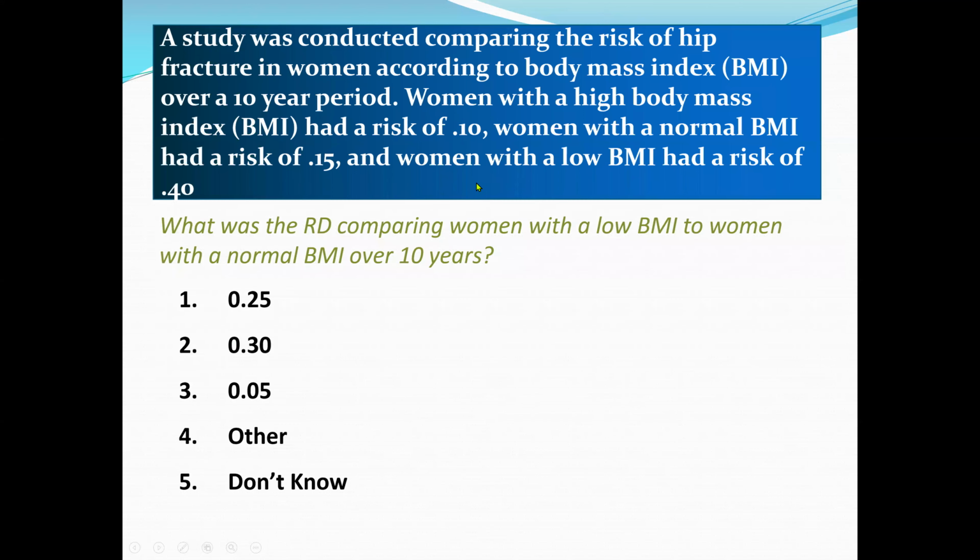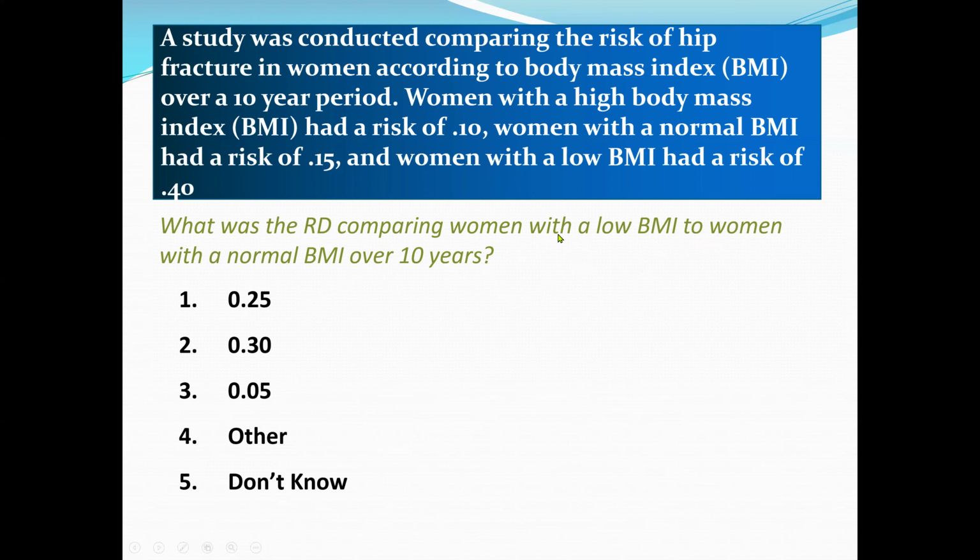And women with a low BMI had a risk of 0.40. The question says, what was the RD comparing women with low BMI to women with normal BMI over the 10-year period? RD stands for the risk difference. So what was the risk difference comparing the two?